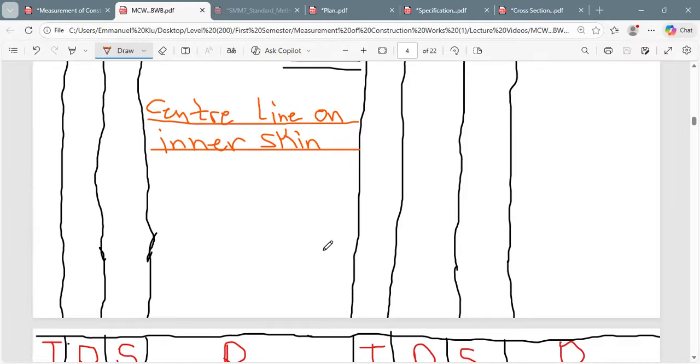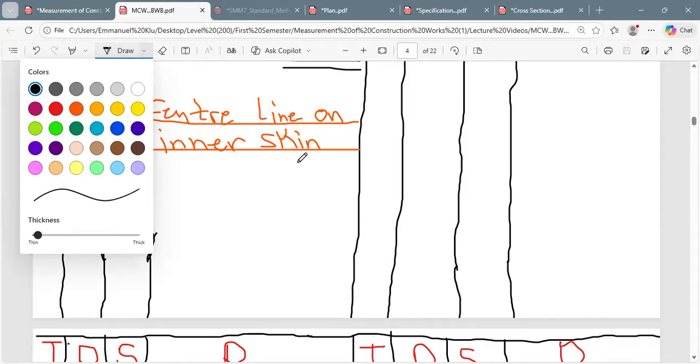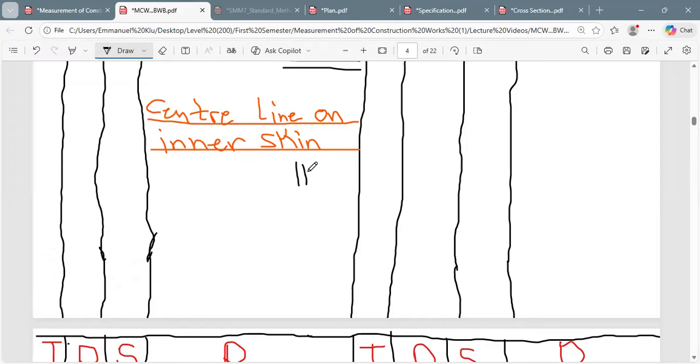So it's the overall length we know is 11.98 of the building plan I sent you. 11.98. Now we have to less some one or two things from it. Okay, yes.